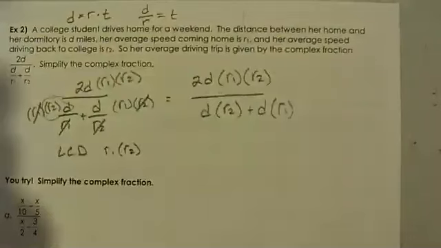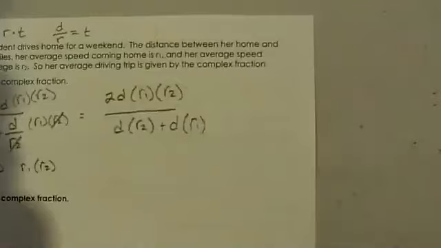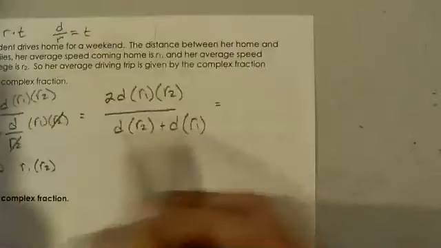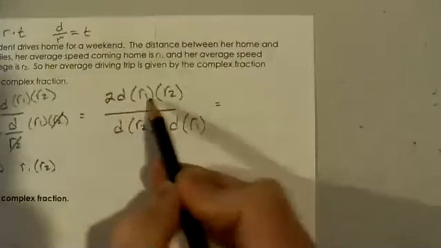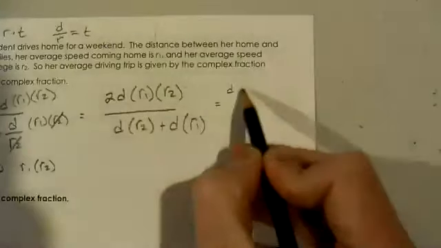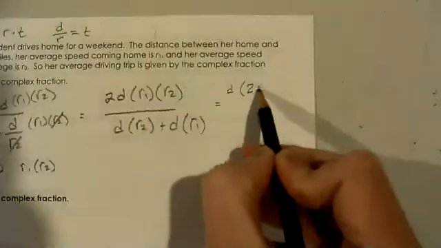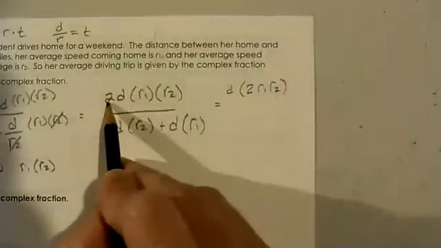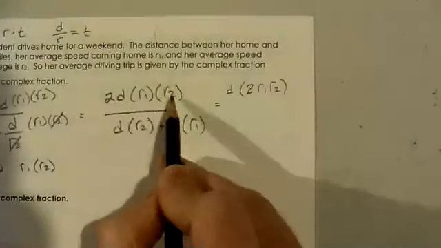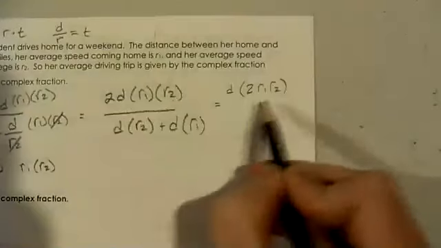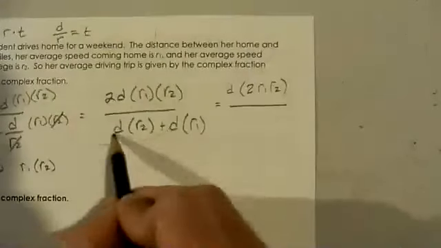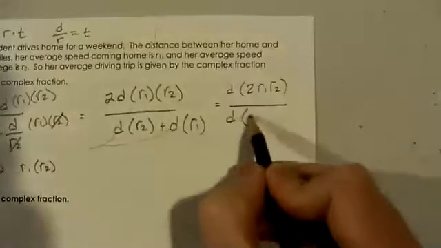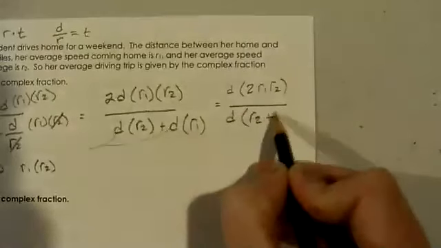Now, just for simplifying purposes, you see a D on top and you see a D on both sides of the plus sign. So I can pull this D out in front. So it's 2 times R1, R2 times D. And I can do my GCF, pull those D's out, and it's R2 plus R1.